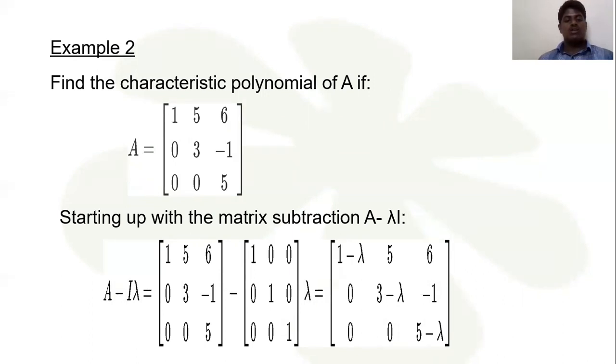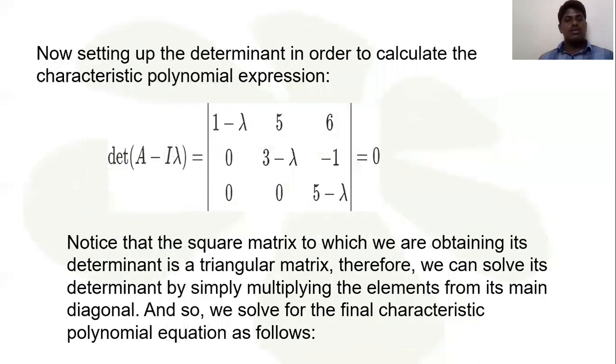Now we set up the determinant: 1 minus lambda, 5, 6, 0, 3 minus lambda, minus 1, 0, 0, 5 minus lambda, equal to 0.